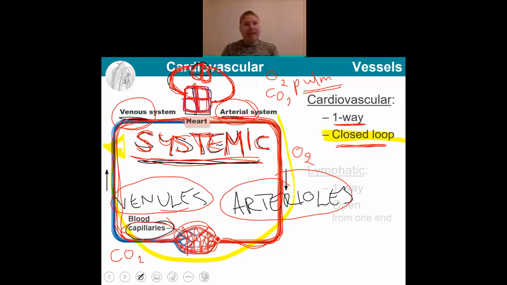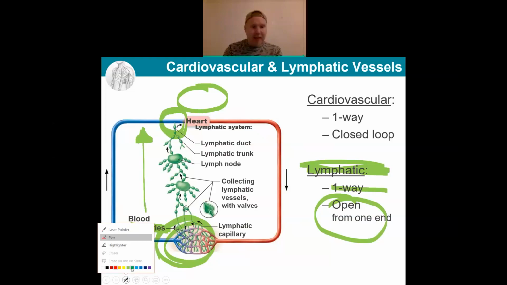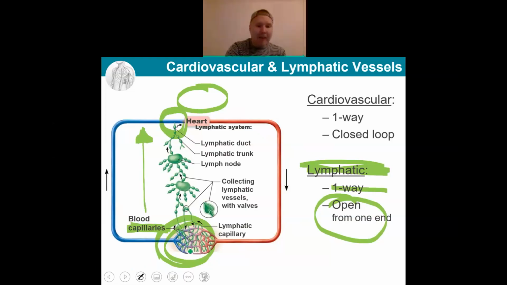Now, let's lay the lymphatic system on top of this diagram, which I think we should be comfortable with. The lymphatic system is all this green stuff that we see here. It starts where we have these capillaries. We have various lymphatic vessels there, and these were the lymphatic capillaries.